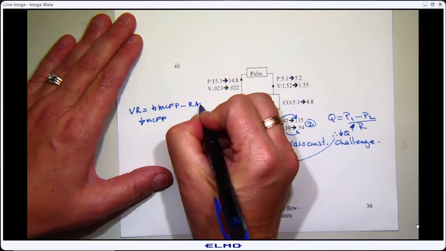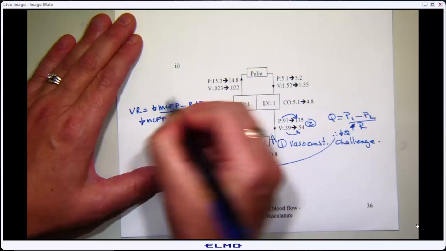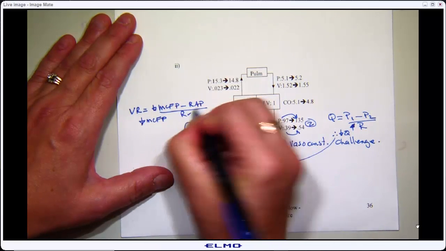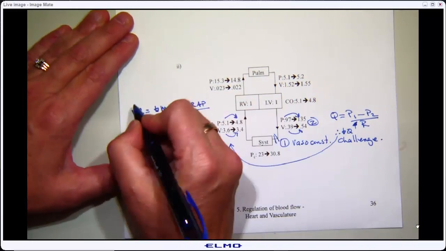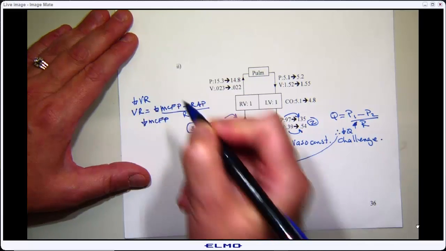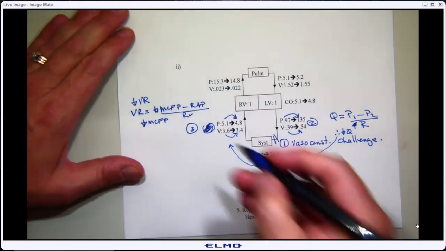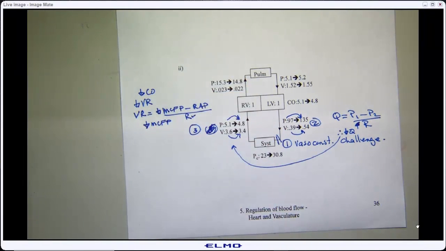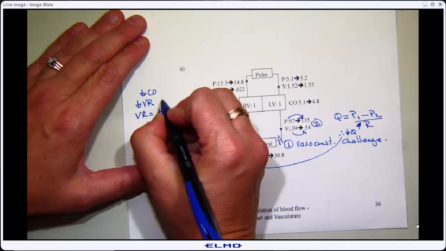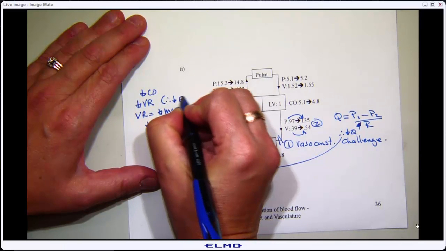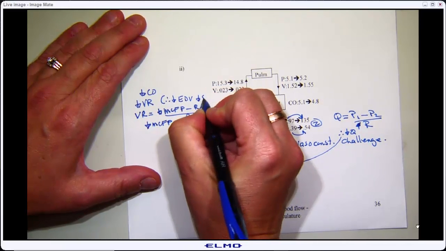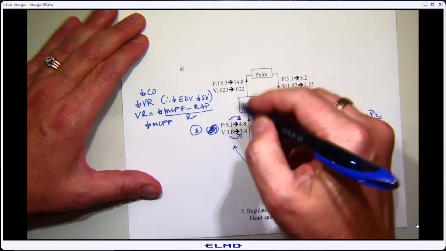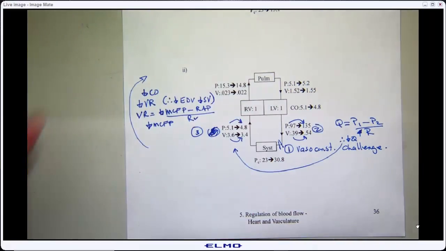Right atrial pressure. So close. Yep. Good. So we've got a decrease in venous return. Awesome. So our thinking is in this direction.